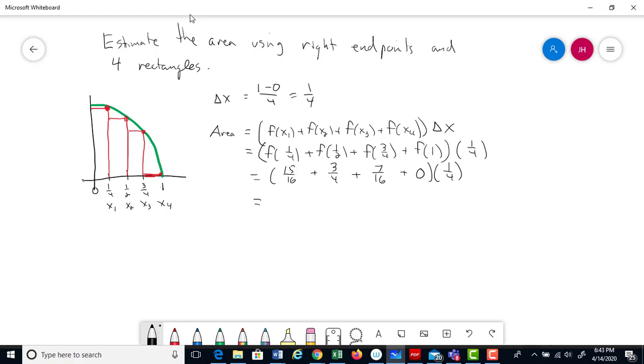So adding these up, 15 over 16 plus 12 over 16 plus 7 over 16 multiplied by a fourth: 15, 27, 34. So this is 34 over 16 multiplied by a quarter, which is 34 over 64, which you can also write as 17 over 32.